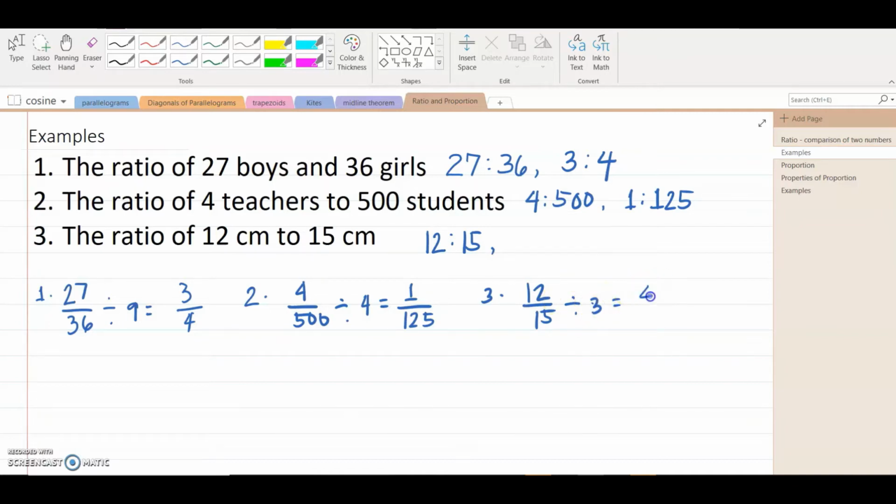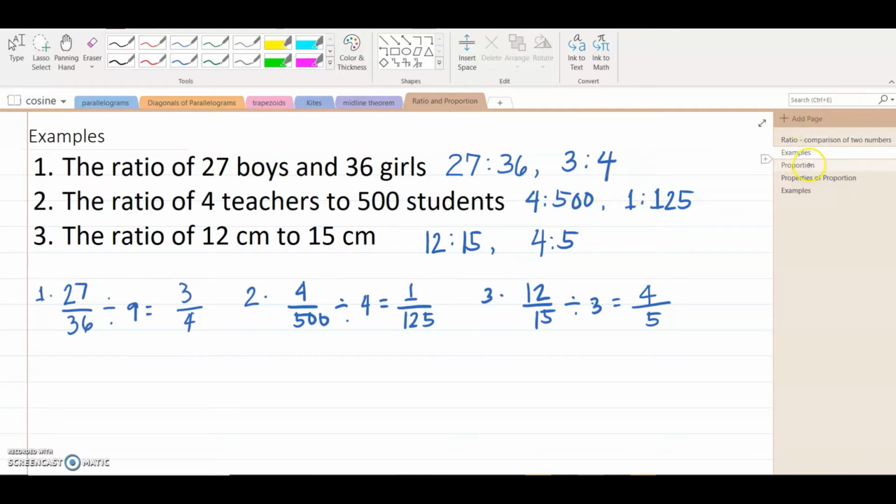So 12 divided by 3 is 4, and 15 divided by 3 is 5. The equivalent ratio, or the lowest term, for 12 over 15 is 4:5. So those are examples of ratio.